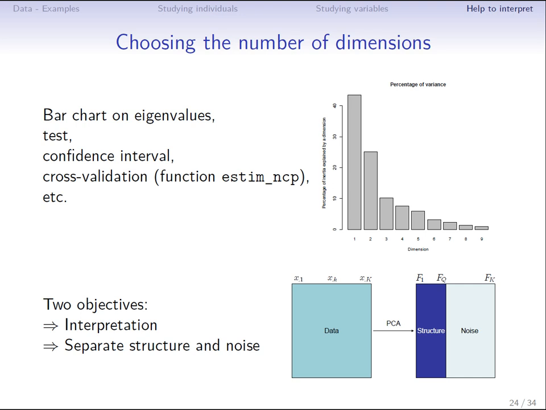We can also see PCA as a denoising method that will separate the signal on the first dimensions and noise on the last dimensions. This is a little bit out of scope of this course, but PCA is interesting as a pre-processing step before clustering, for instance.